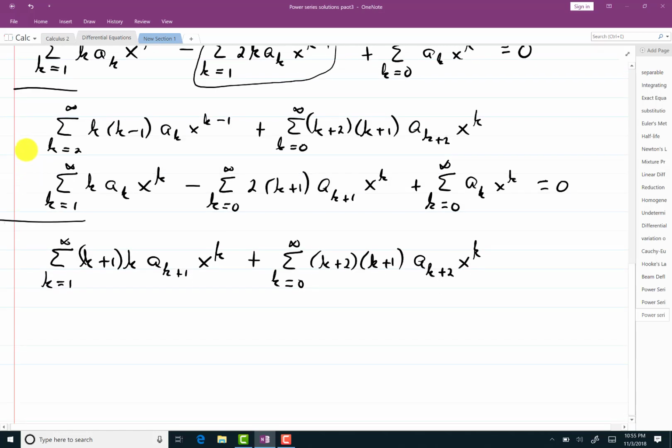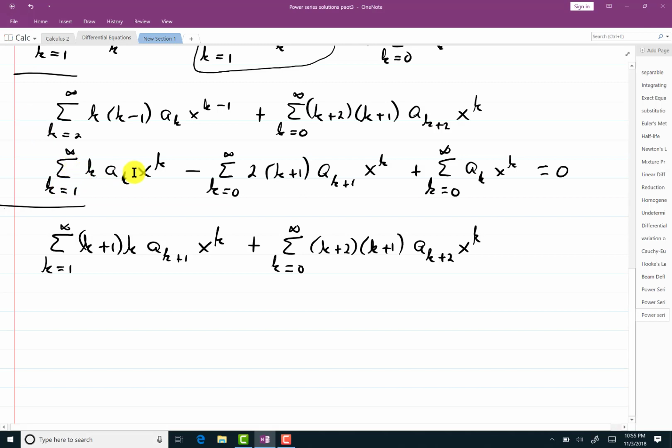Okay, moving on. This guy right here has the x to the k and it starts at k equals 1, so I really can't do anything to it. I like the x to the k. Don't forget to put your pluses over here.